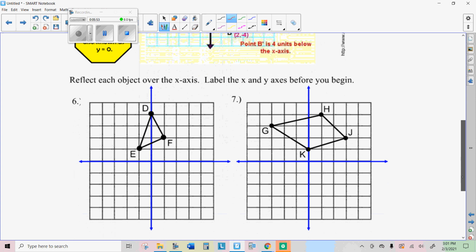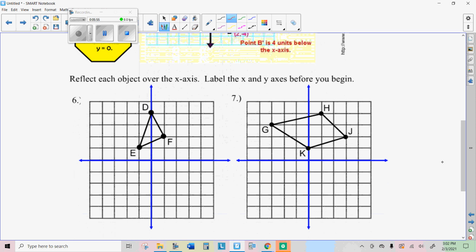All right, so on these we're going to reflect them over the x-axis. So I'm going to measure this distance as 1 and go 1 more and put my image of E there. For F, I'm going to go down to the x-axis. That distance is 2. I'm going to go 2 more.